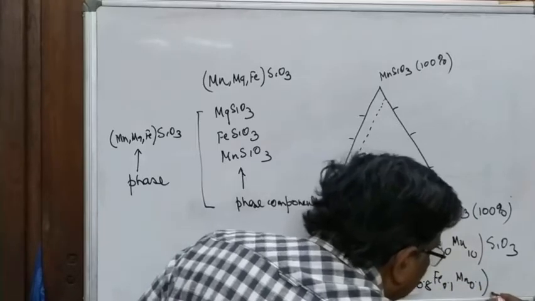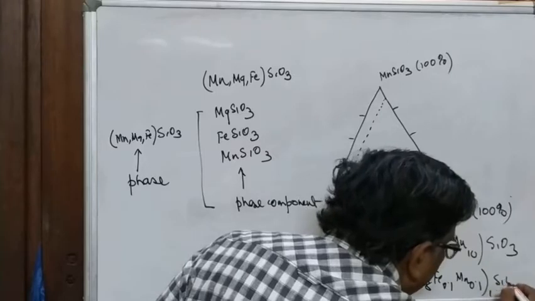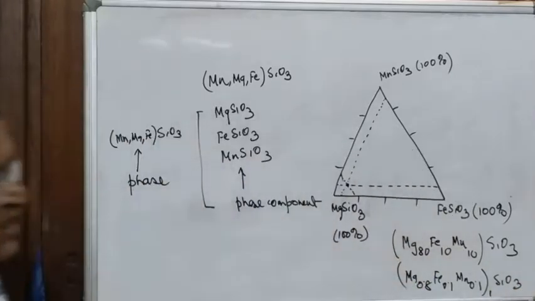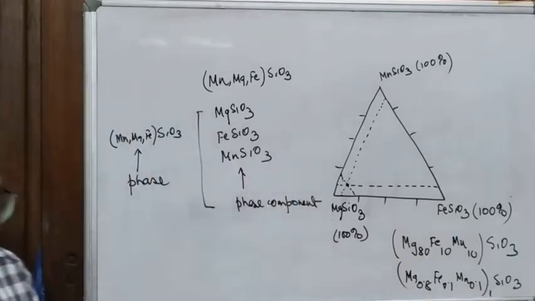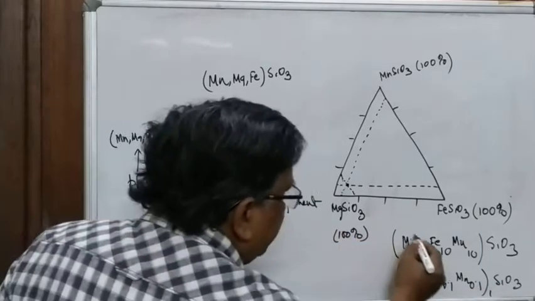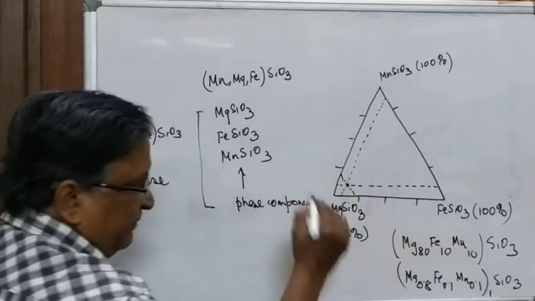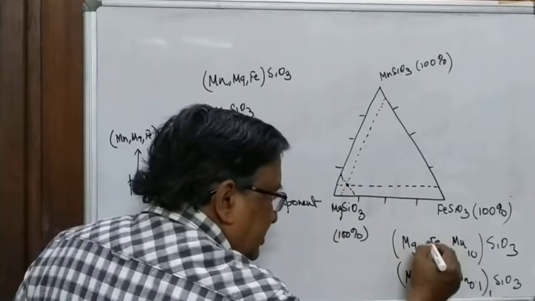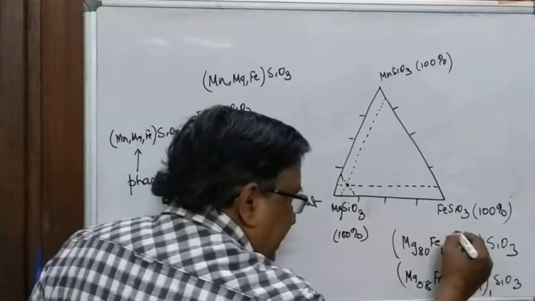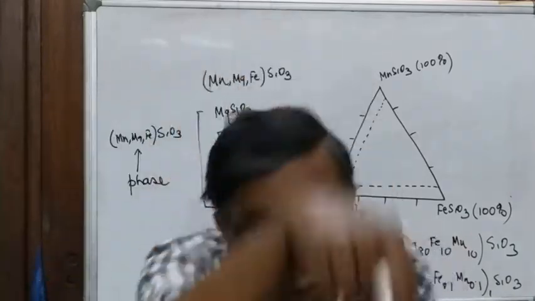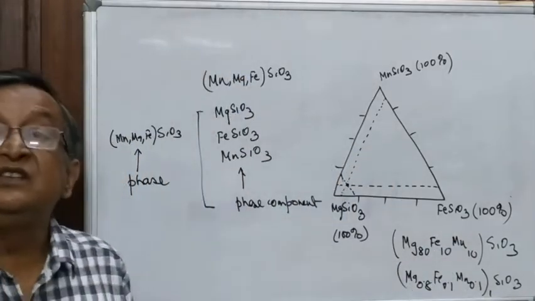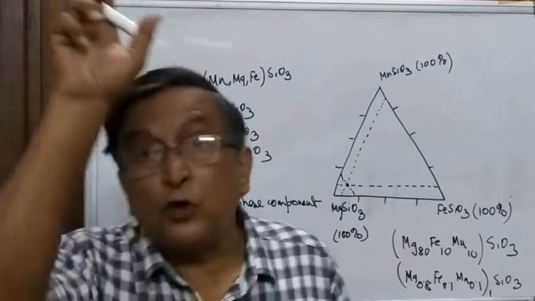The total adds up to 1 SiO3. So that is my composition of my pyroxene, in which 80% is enstatite, ferrosilite is 10%, and MnSiO3 rhodonite component is 10%. It is not pure rhodonite.